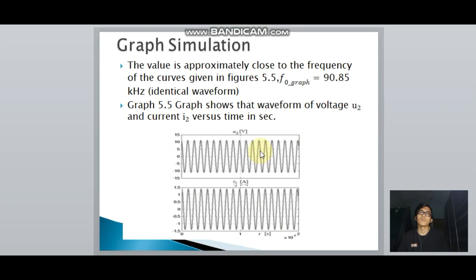So the result is valid, and the graph below is for voltage and current output versus time. Thank you for listening to my explanation.